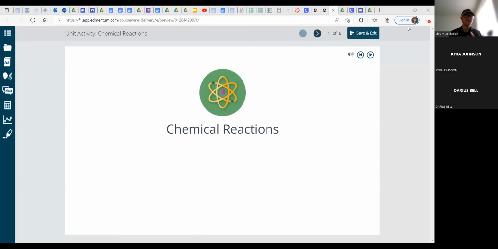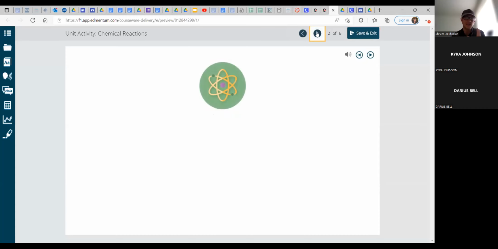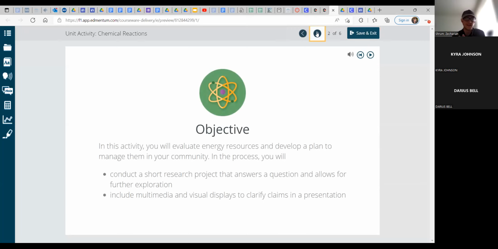Okay, so this unit activity is all about chemical reactions, and our main objective here is to evaluate energy resources and come up with a plan to manage them in our community.